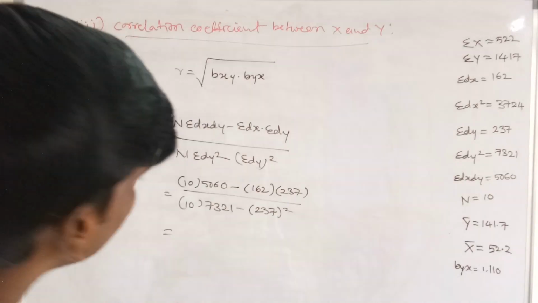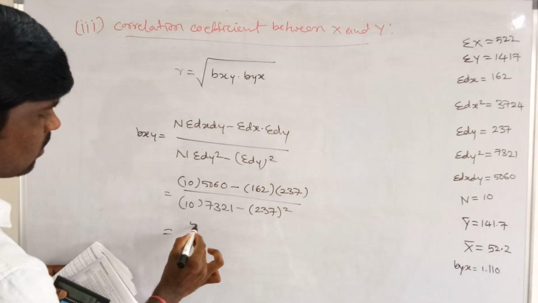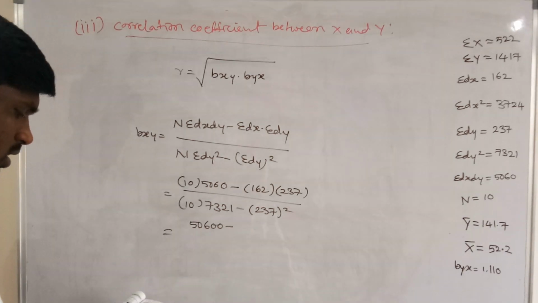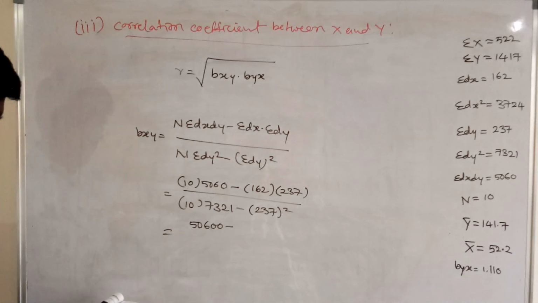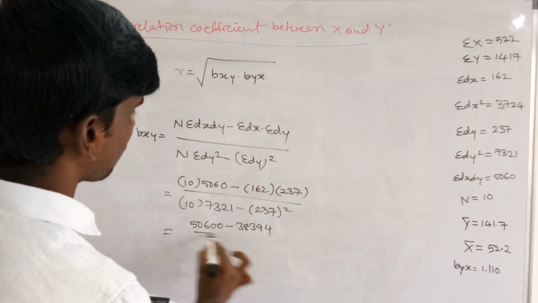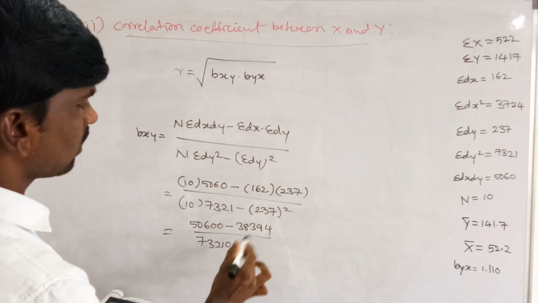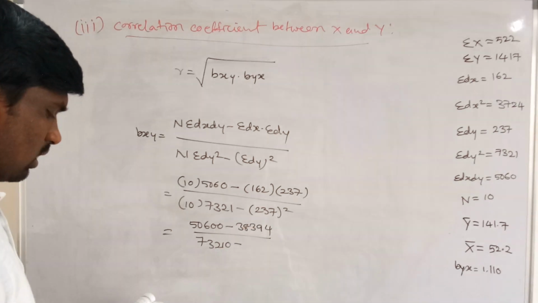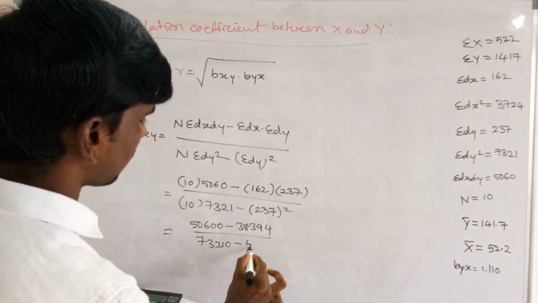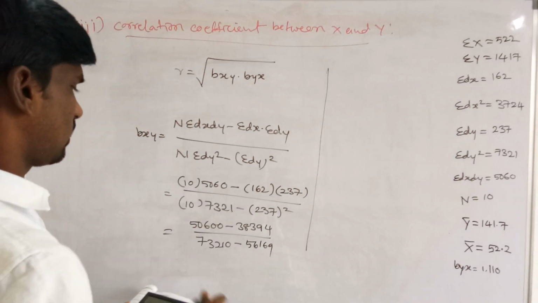Then n into summation of dx dy is 50600, minus 162 into 237, that is 38394, divided by 10 into 7321, that is 73210, minus 237 square, that is 56169.